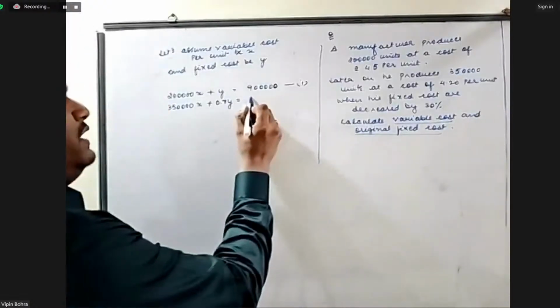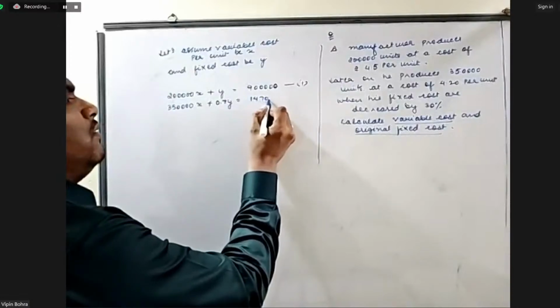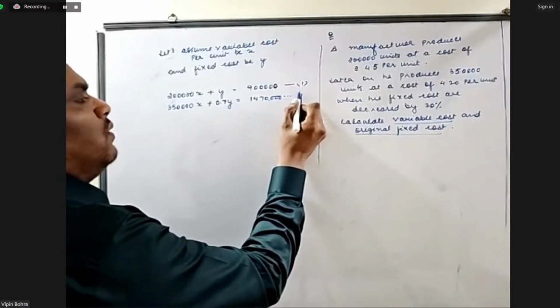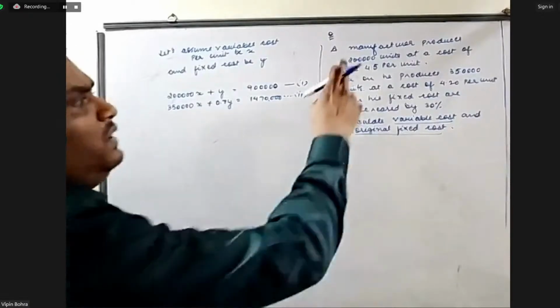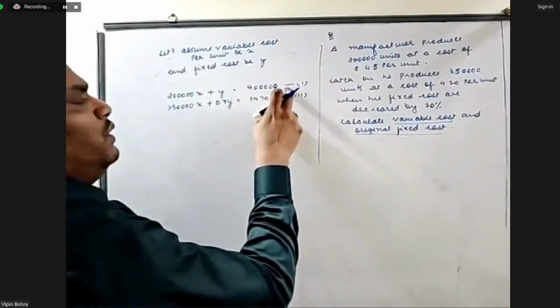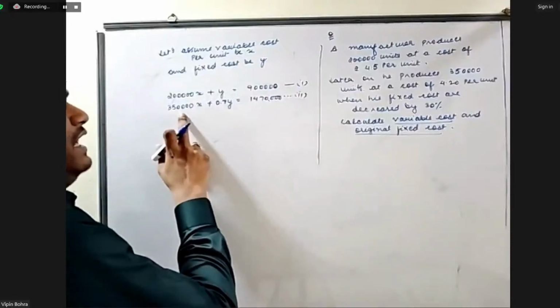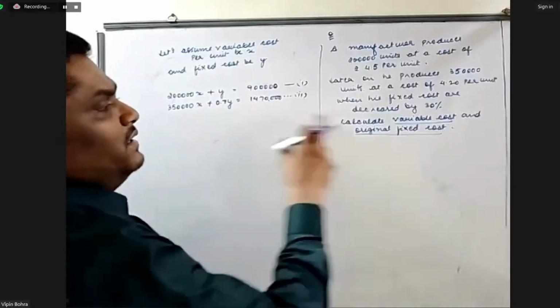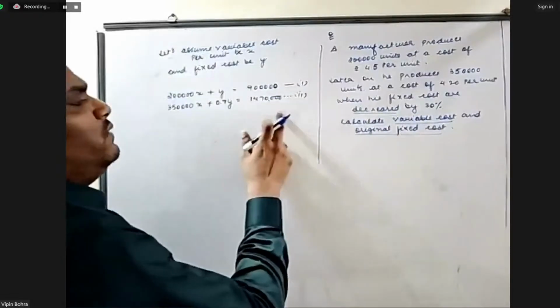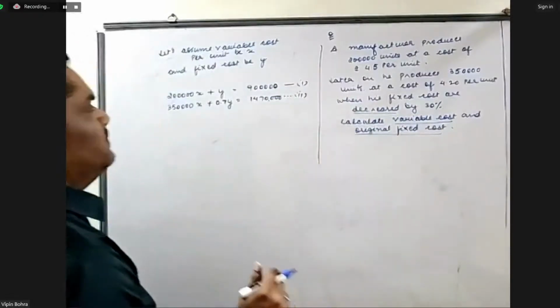So this will be 14,70,000. This will be equation number 2. I repeat again, 2 lakh units into variable cost per unit plus Y should be equal to 9 lakh. Similarly, 3,50,000 into X plus decreased by 30%, it means 0.7Y should be equal to 14,70,000.